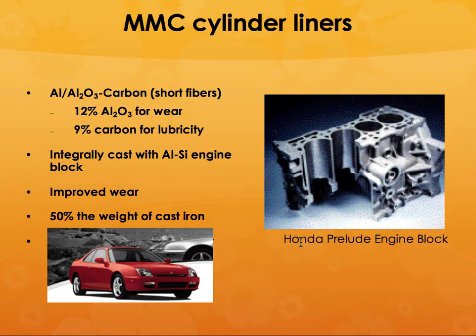It gives you 50% the weight of cast iron, but it has fantastic wear resistance compared to this. So this one, I believe it is the Honda Prelude, and I think this is also the same kind of material that is used in Honda NX.